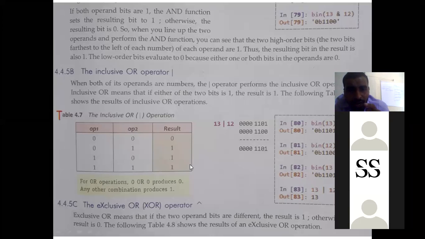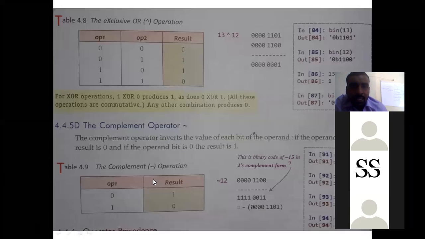But in XOR, this one we don't have. 1 and 1 is not 1. In XOR, or you can say exclusive OR, we have 1 and 1 as 0. You can see here 1 and 1 as 0. So this only is the difference, a very minor difference.